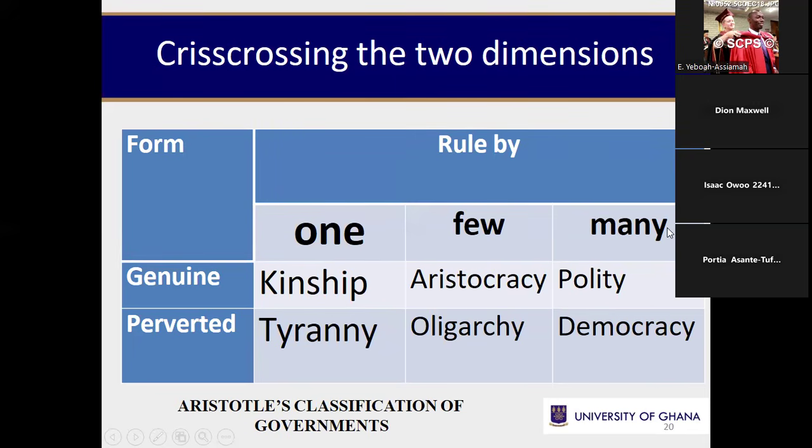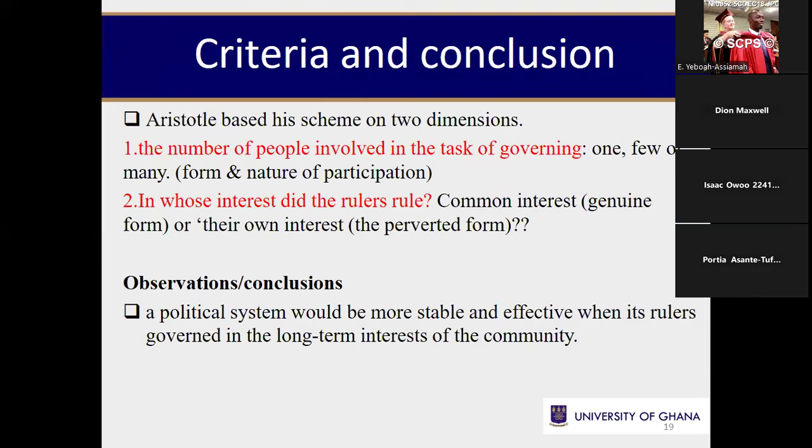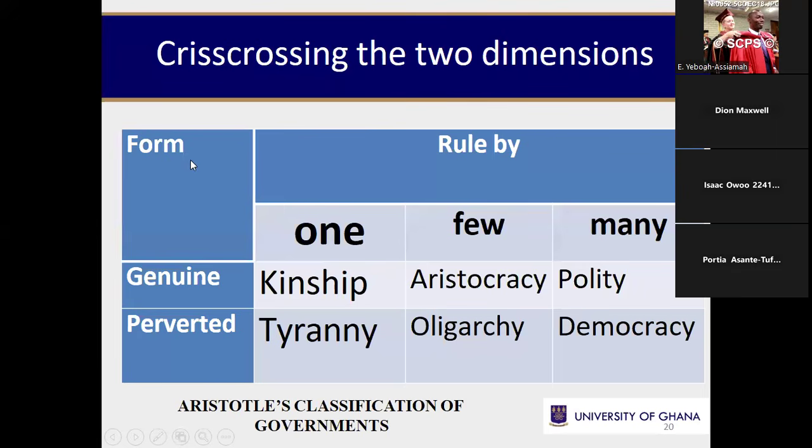That's the nature of the participation. Then also whether or not the power was exercised in the genuine form or in the perverted form, right? In whose interest were they ruling? So now let's crisscross the rule by and then in whose interest.